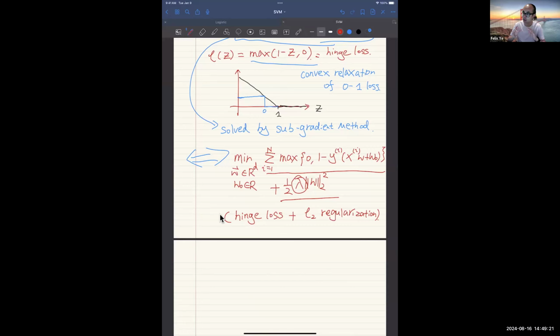A different view can help us have a better understanding of these problems. This is the first part. The second part is we will calculate this subgradient and implement everything from scratch.